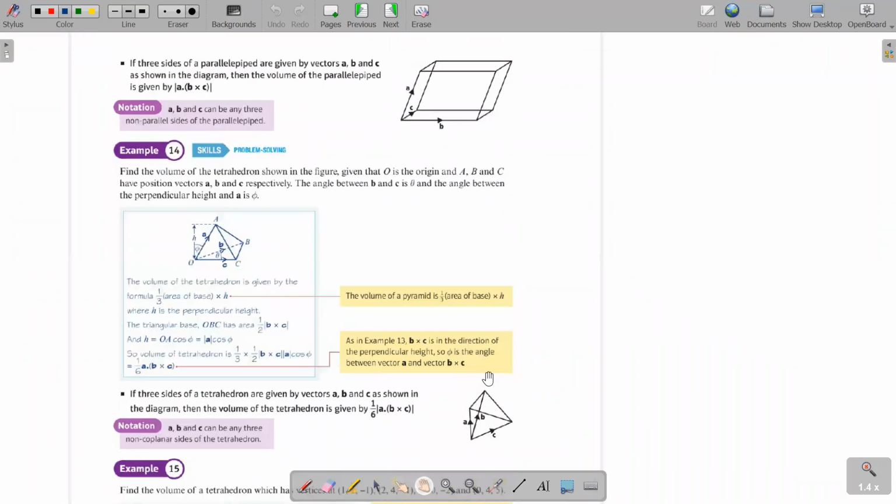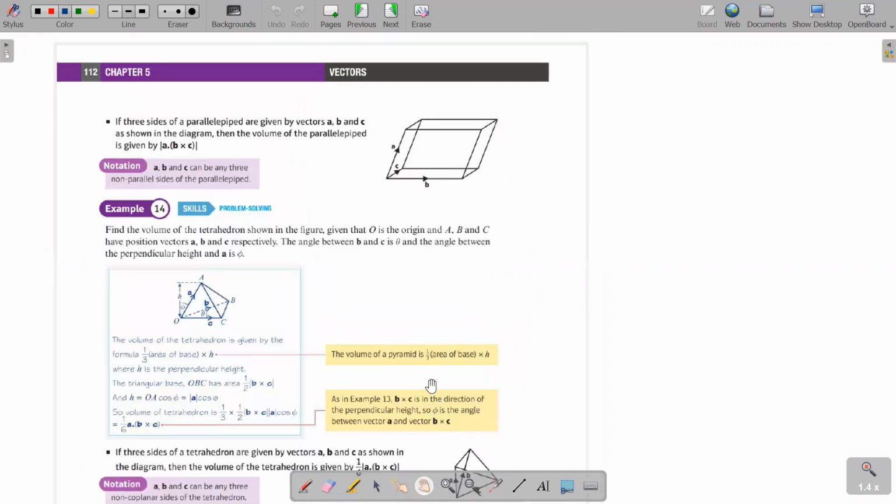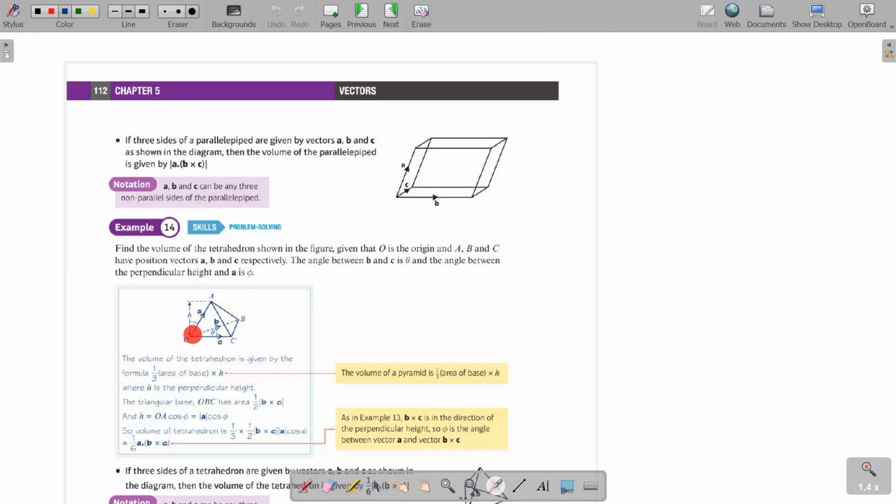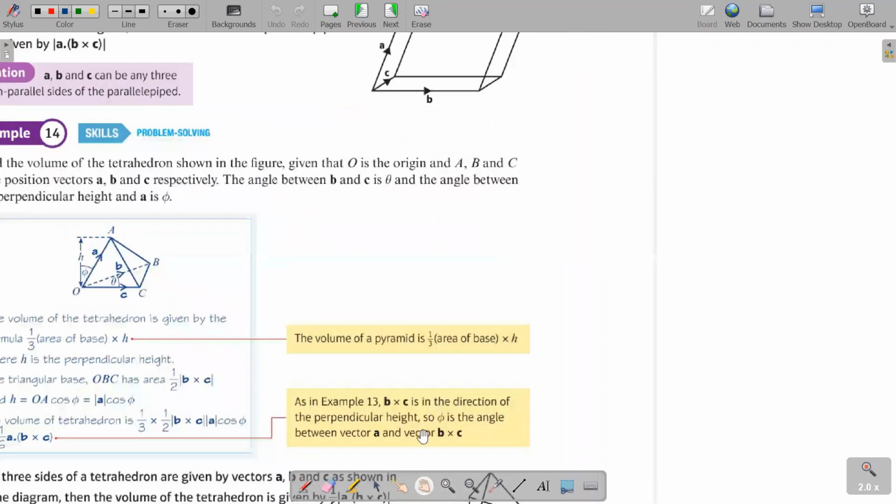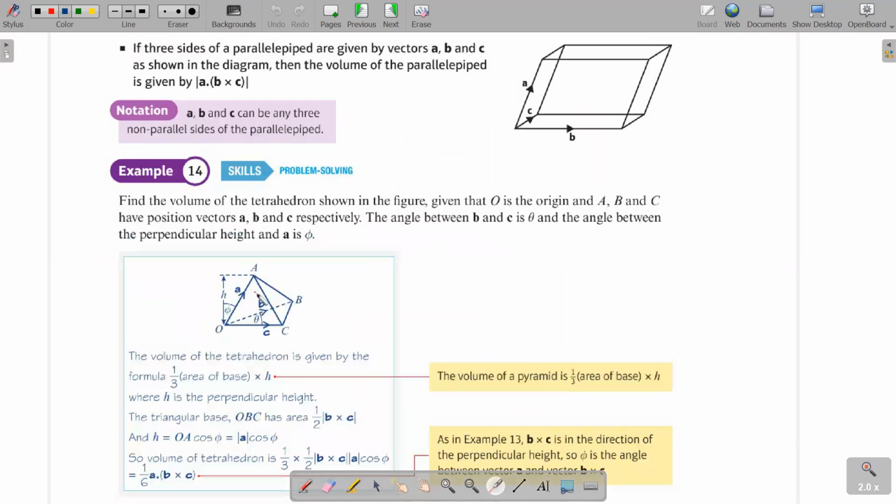We are going to discuss how to find the volume of a tetrahedron. A tetrahedron is basically a triangular-faced pyramid, a triangular-based pyramid. So you have the base triangle, and three other triangles to form the pyramid.